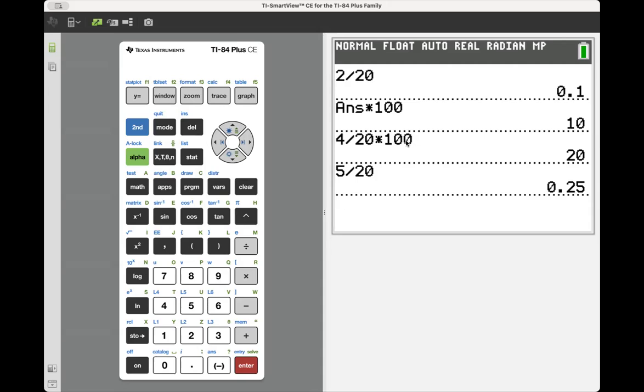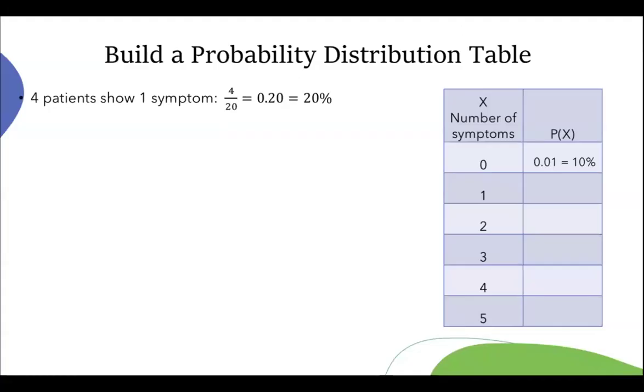We were given data for all values of X from X equals 0 to X equals 5. So we put that point, oh, I'm sorry, it's not 0.01, it's 0.1. 0.1, we put that 0.1, which equals 10% right here in the first row of the second column.